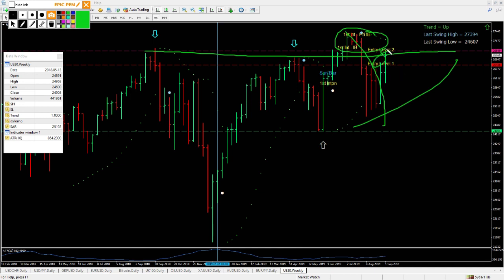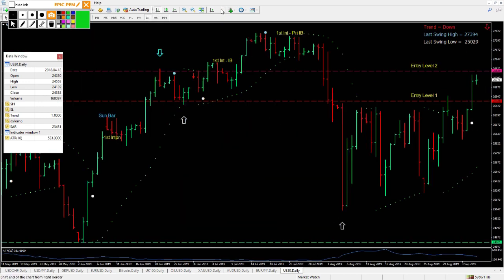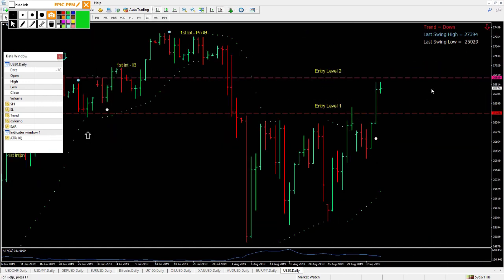If this doesn't hold and it comes back down, then we've got a good solid run to the downside. So that's something that we will be looking at closely towards the end of the year. Okay, I guess that's pretty much that from me in terms of the market update.